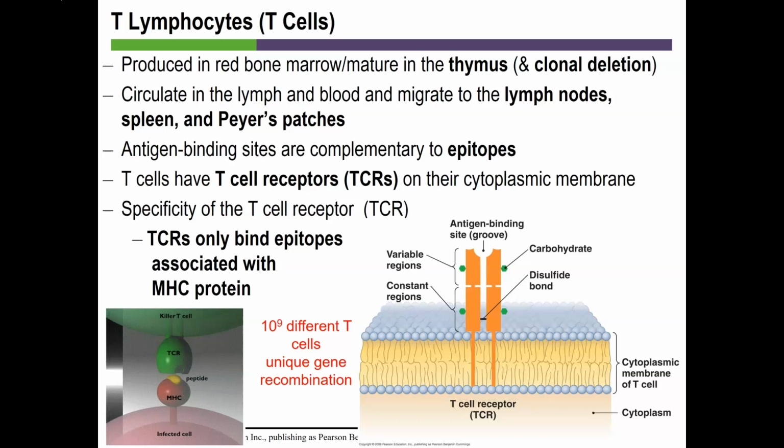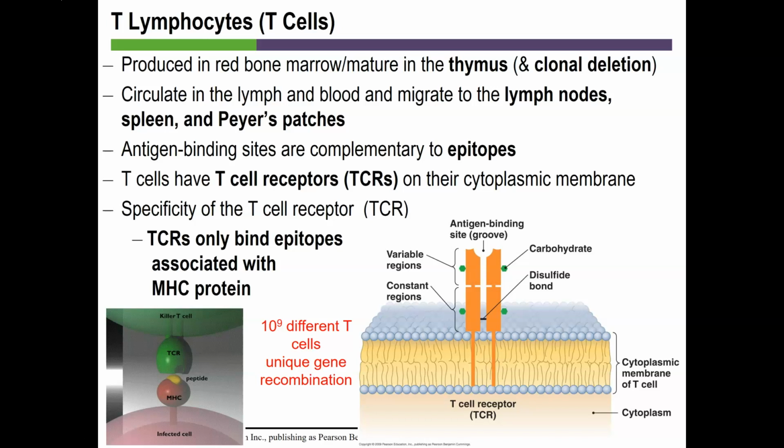Now, T cells are very interesting, and again, we're not going to spend time discussing the details, but there are changes happening at the DNA level that allow the T cell to rearrange its DNA to make functional genes for the T cell receptor. They have what you can think of as little cassettes that combine and allow our T cells to have about 10 to the 9th different combinations to generate different T cell receptors.